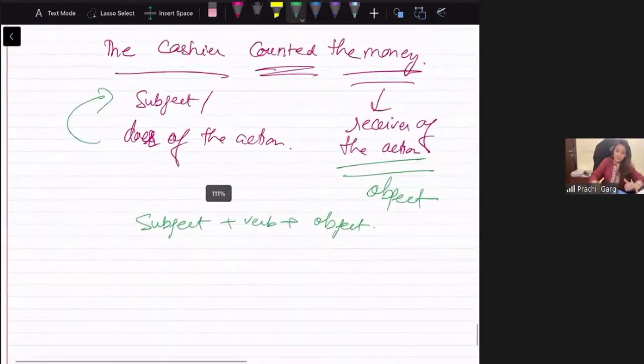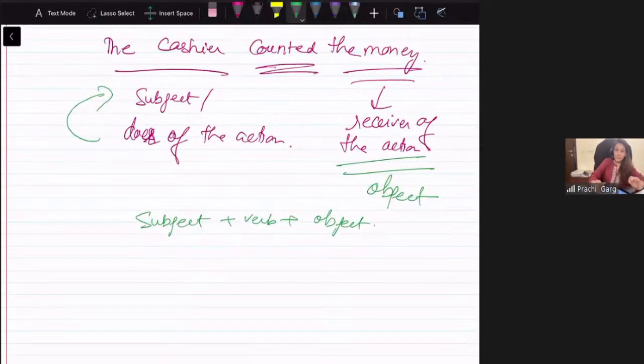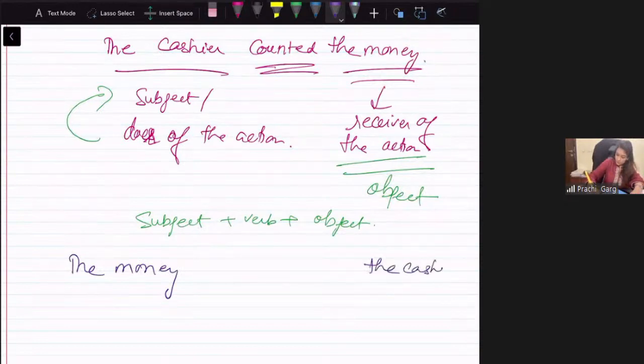How will you change this sentence into the passive voice? Here, in the passive voice, the receiver of the action becomes the subject, and the subject will become the object here, the cashier. Understood? This one comes here and this one goes here.